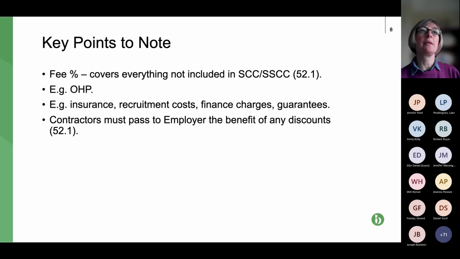Therefore, this statement here that contractors have to pass to the employer the benefit of any discounts they obtain is entirely logical, because the benefit of the discount is sort of an extra bonus that the contractor will get for bulk buying or whatever. So it just means that the contractor's not entitled to keep that. Next slide, please.